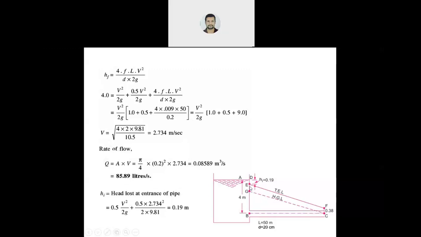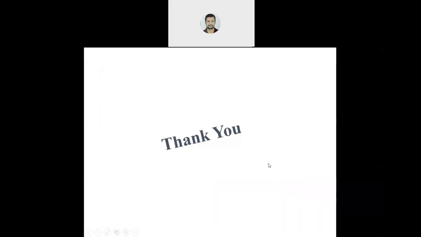And from point E, draw a line parallel to the hydraulic gradient line. It will finish at F. So this is how you will draw the hydraulic gradient line and total energy line if it is asked in the question. I hope it is clear to everyone.